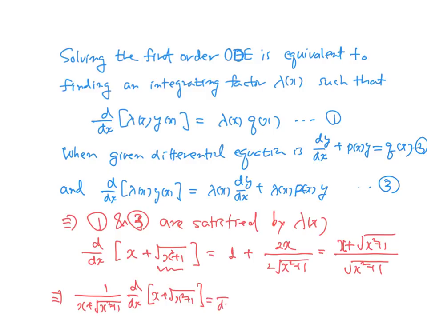So this is d/dx of ln of x plus root x squared plus 1, which is 1 over square root x squared plus 1, right?